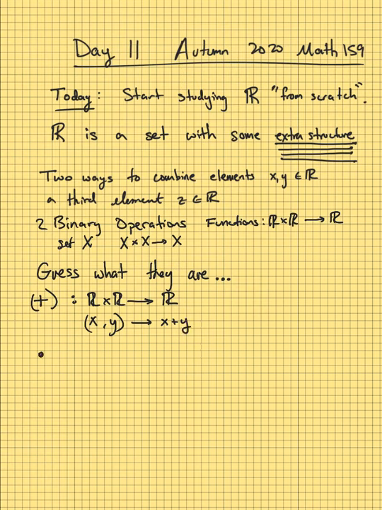The other one we're going to call dot, or multiplication, which goes from R cross R to R again, and it just sends x, y to xy. I want to emphasize here that we are doing things from scratch. I'm not going to assume that we know anything about multiplication and addition except for some axioms and some properties that I'm going to tell you.